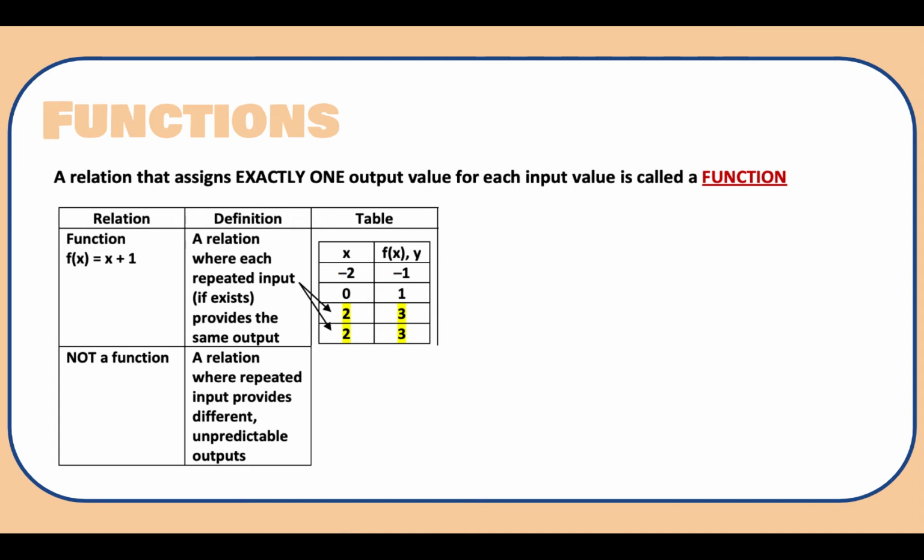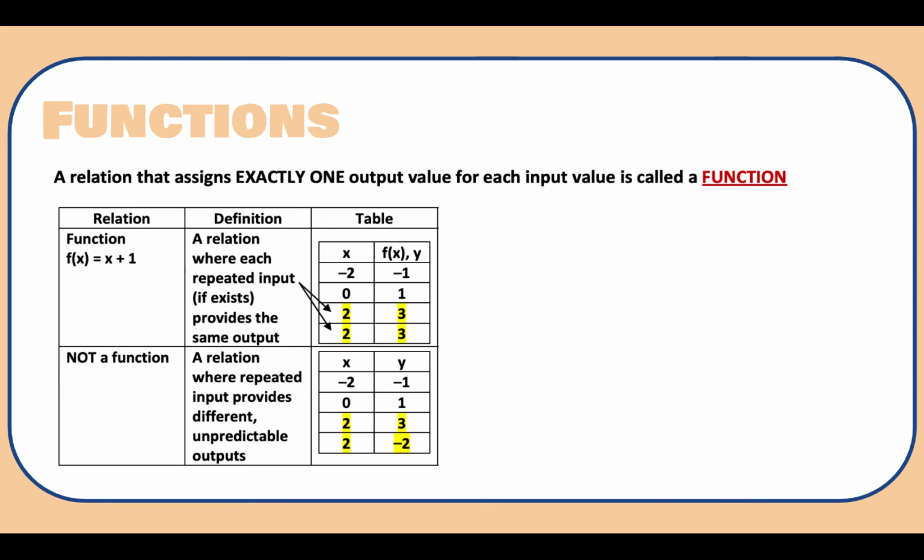If a relation is not a function, then our x values do not have exactly one y value. So again, we have 2 x values that have the value 2, but this x value, 2, is assigned to the y value 3.